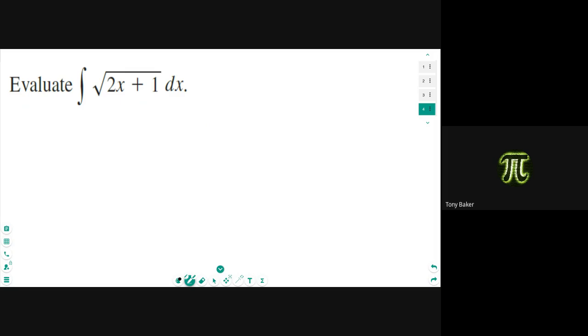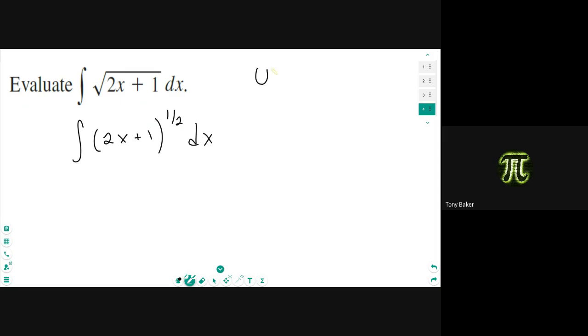All right. So we can rewrite this as that. Whenever you have a root, you can always rewrite it as a power. So I have something inside of something, so I have to kind of use substitution. Try that first.